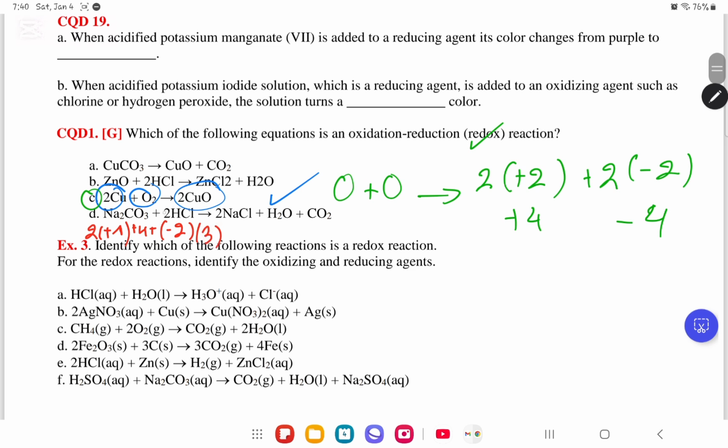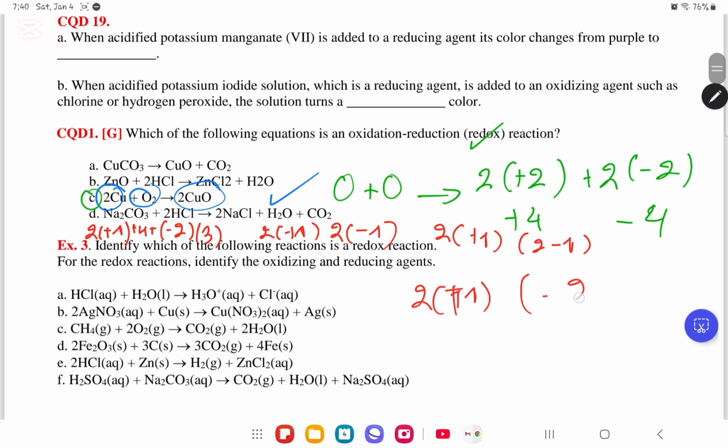Then 2HCl becomes 2 times plus 1, 2 times minus 1. 2NaCl is also 2 times plus 1, 2 times minus 1. Then H2O is 2 times plus 1, and then the oxygen is minus 2. The carbon is 4, and then the oxygen is 2 times minus 2.